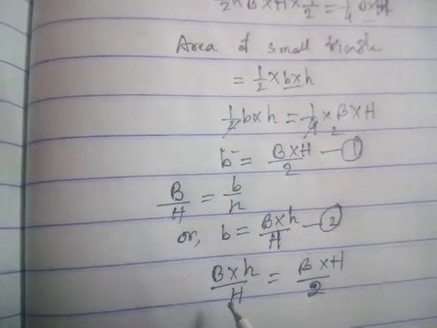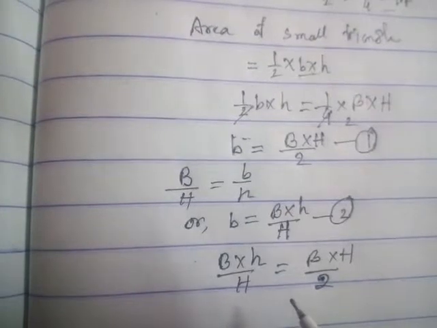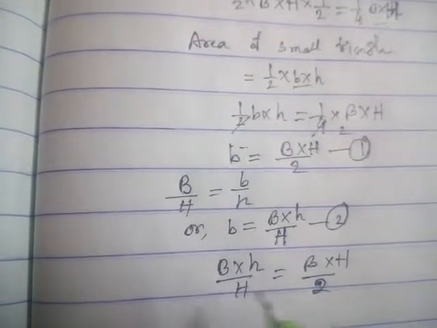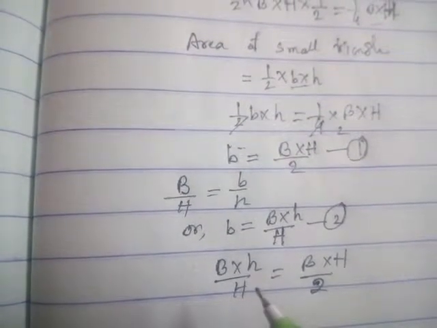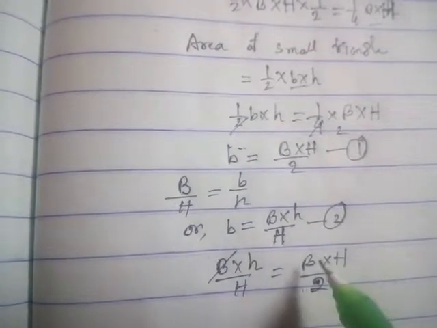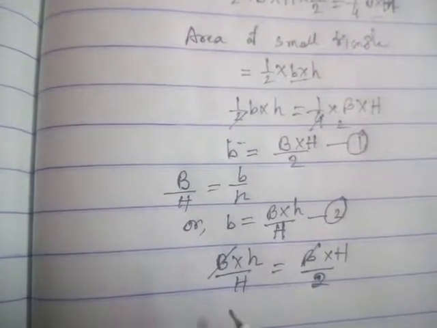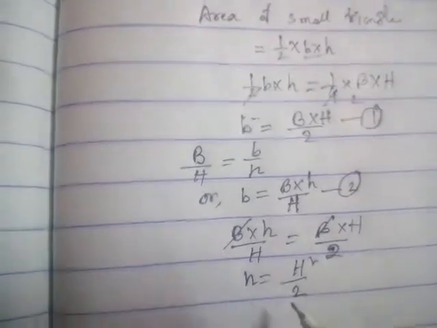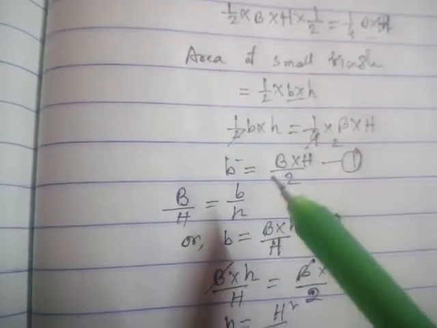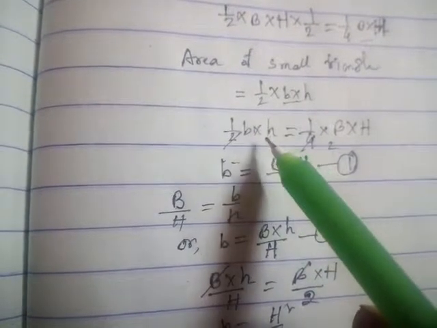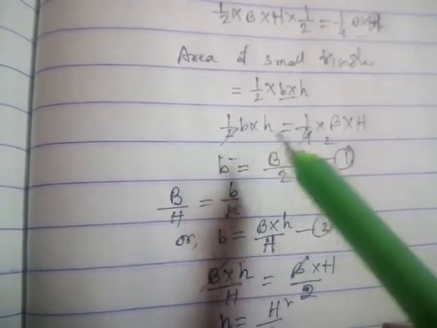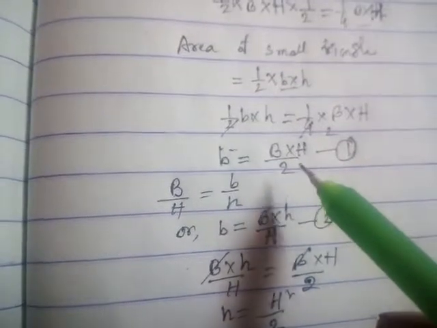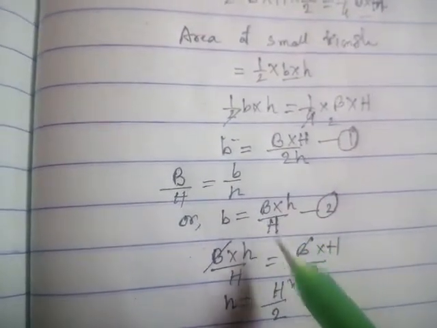Okay. Now this B and this B cancel out. Actually here we made a mistake, half into b into h, so it will be 2h here, and 2h.